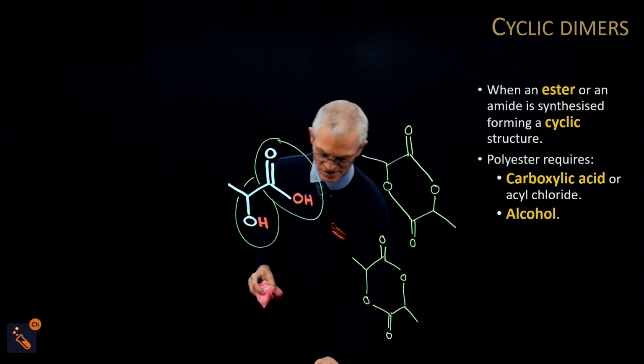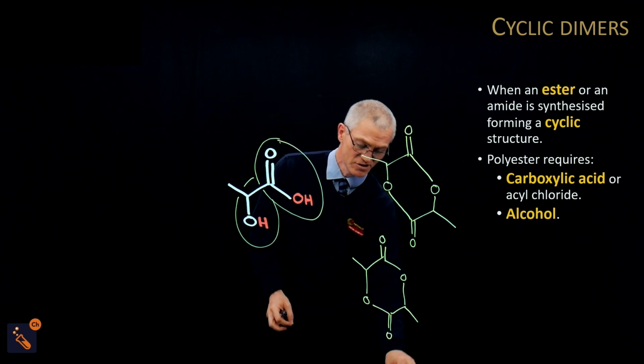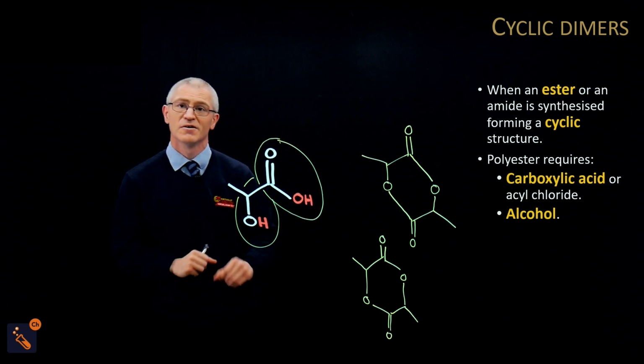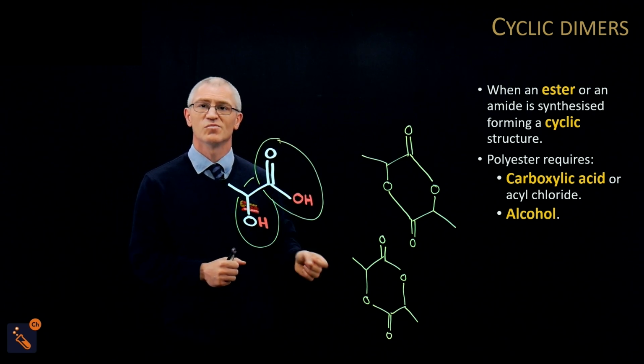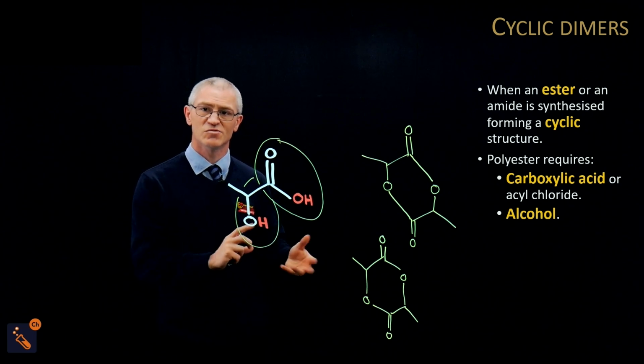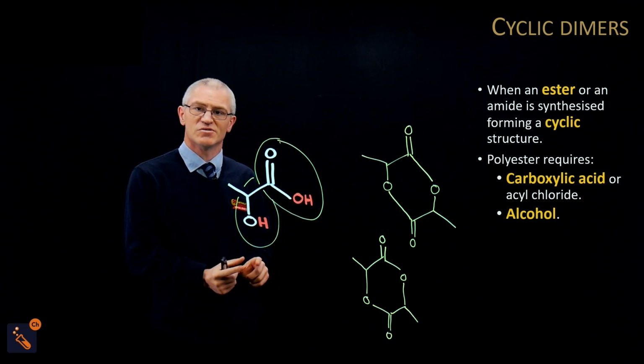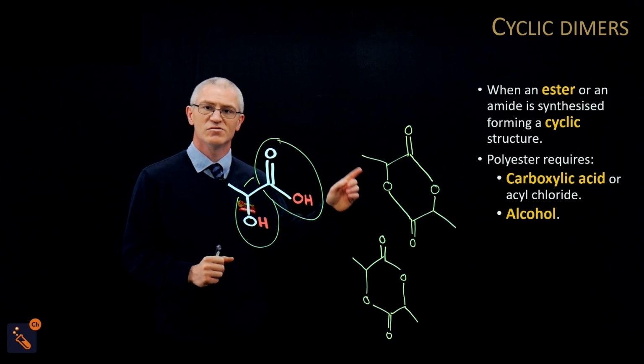And that is how you do cyclic dimers. Really important, I'll just go through it again. What you do is you take the carboxylic acid of one molecule, line it up with the alcohol of the same molecule, another one, then line up your alcohol with the carboxylic acid side of the same molecule, which we did up there.